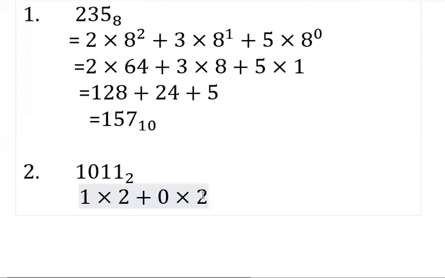Don't forget, we are still going to put their powers, but let's arrange this first. The next one is 1 that we have here, 1 times 2 again because we are dealing with base 2.